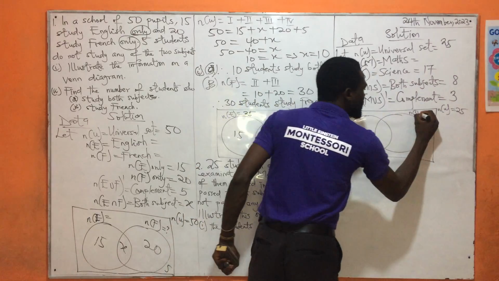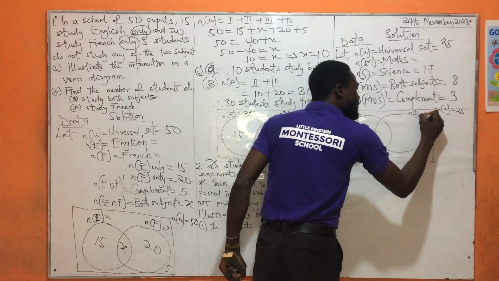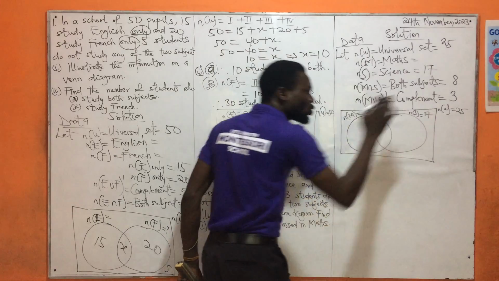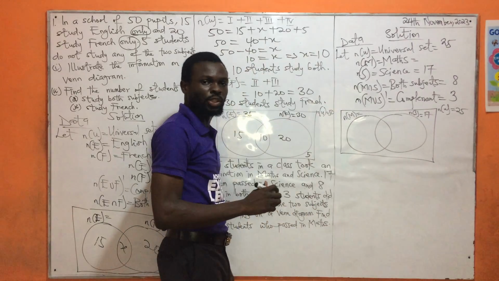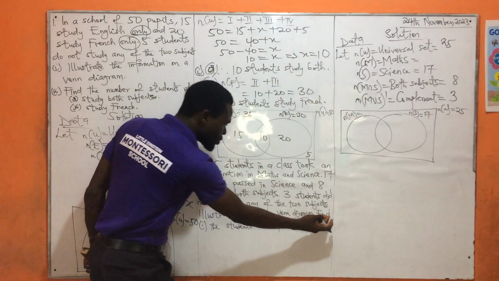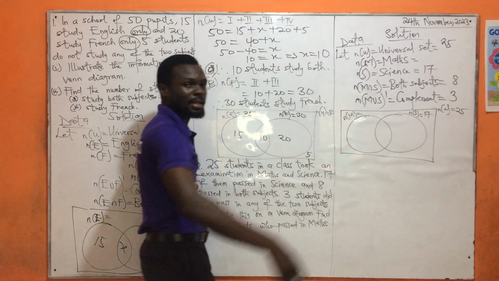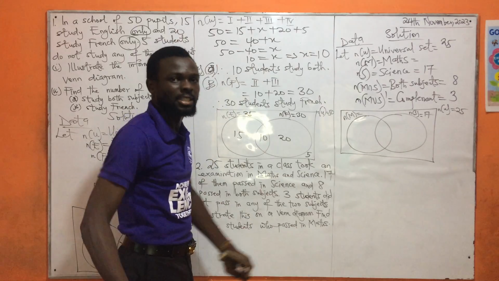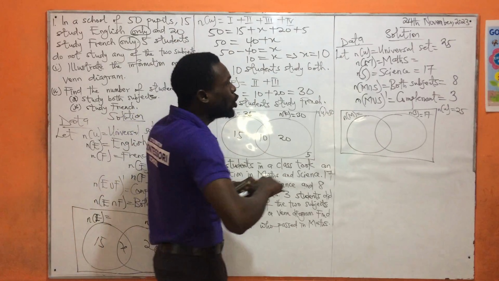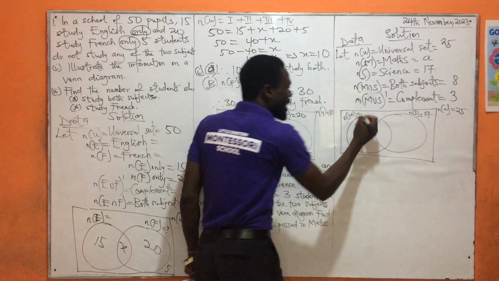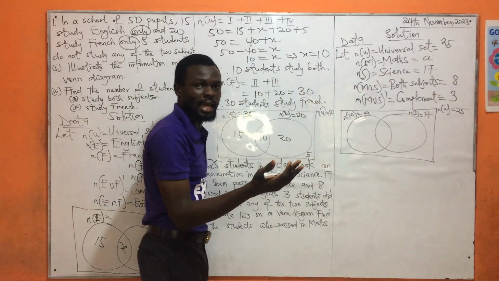So from the question, the size is 17. Since it is not only, we are going to write it at this portion. The maths is what you have been asked to find. Find the number of students who passed mathematics. So we don't know those who passed in mathematics. So let's represent it with a variable. Let's say A. Is that clear?